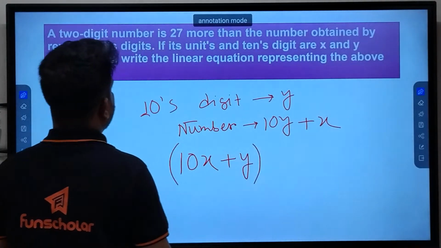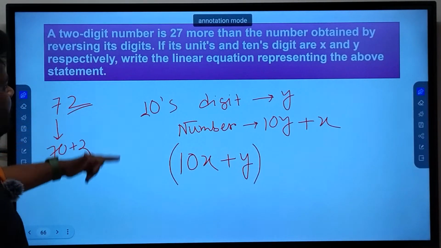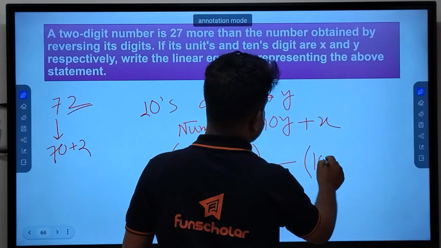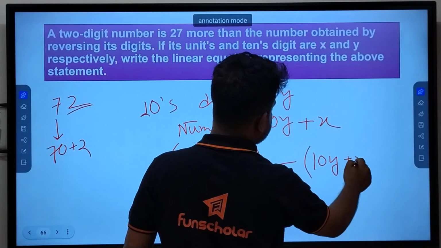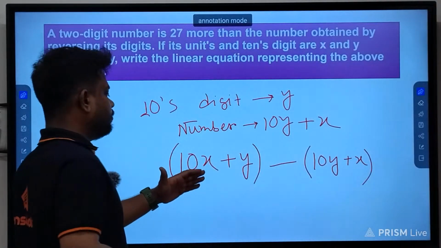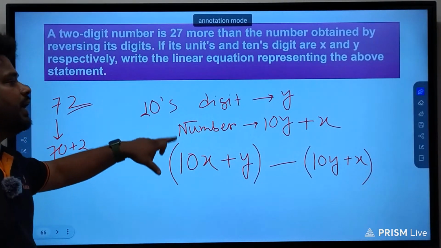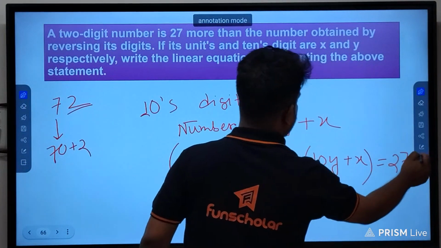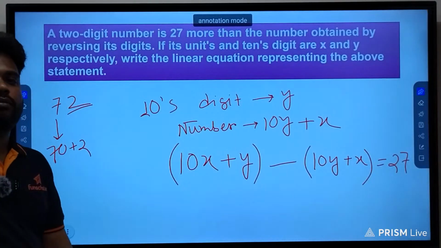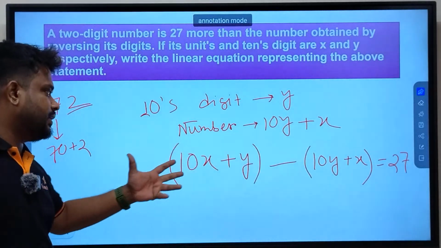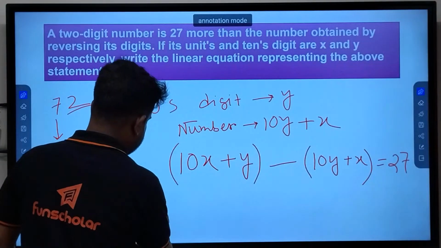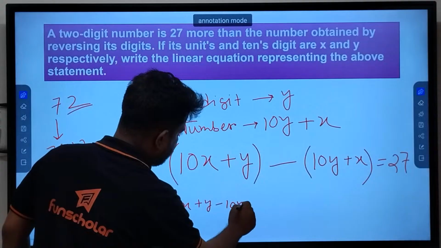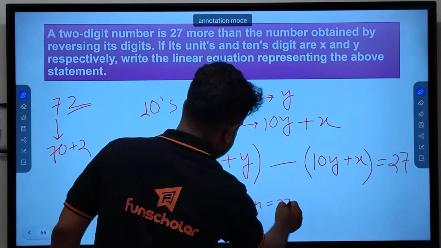If I reverse the digits, it becomes 27 more. So that means the difference between the new number and the previous number will be 27. So this is what the standard form of this equation will look like. If I solve this, it will be 10x plus y minus 10y minus x equals 27.